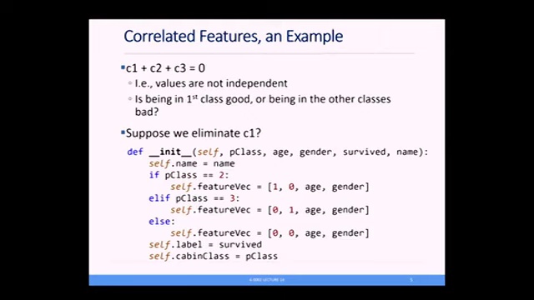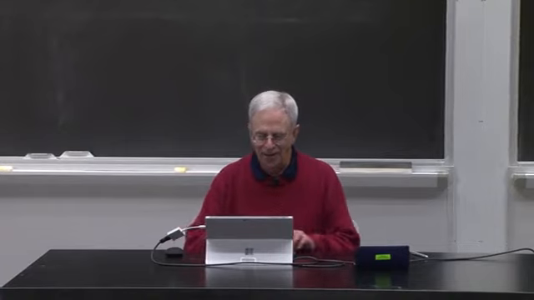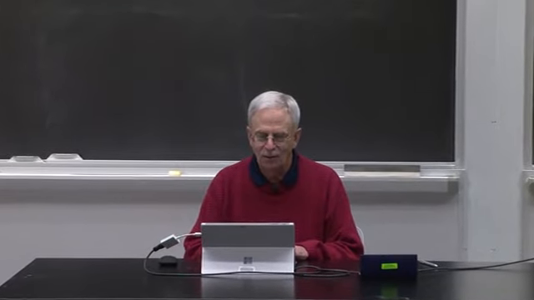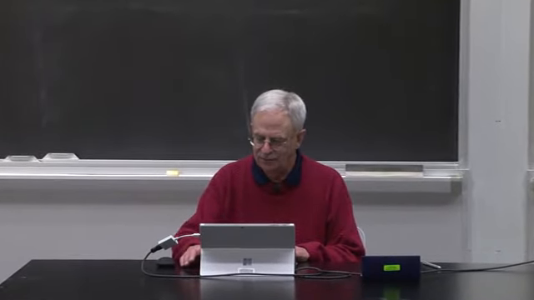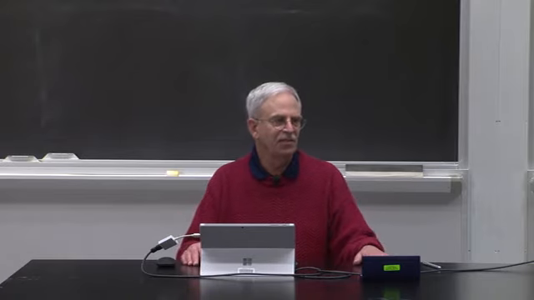So the cabin classes, the way we set it up, C1 plus C2 plus C3, whoops, is not equal to 0. What is it equal to? I'll fix this right now. What should that have said? What's the invariant here?